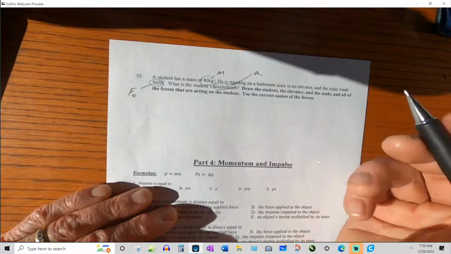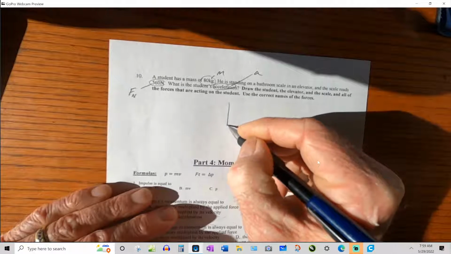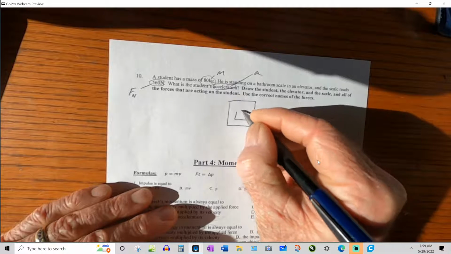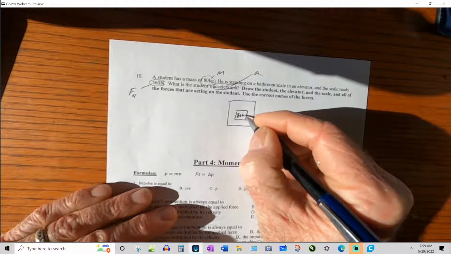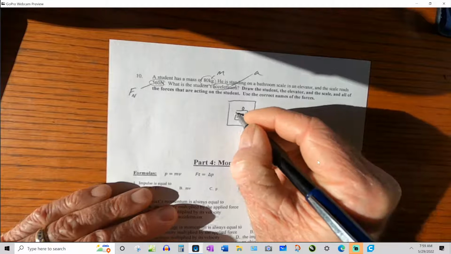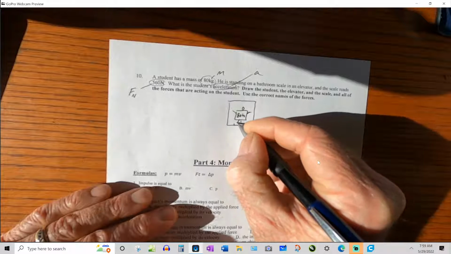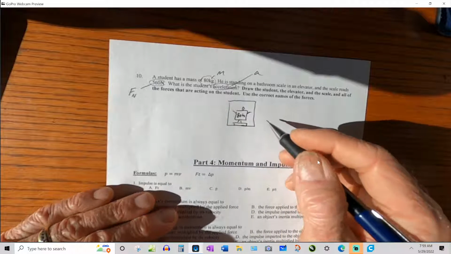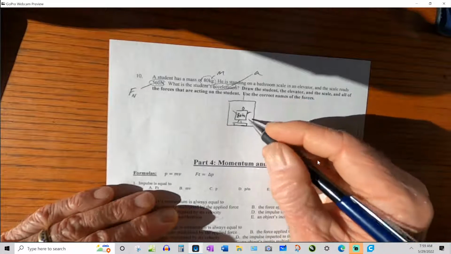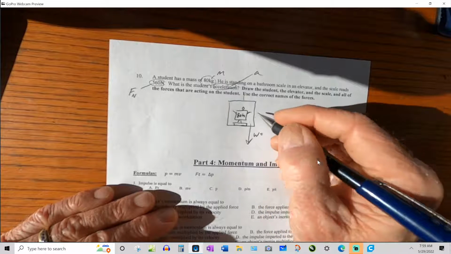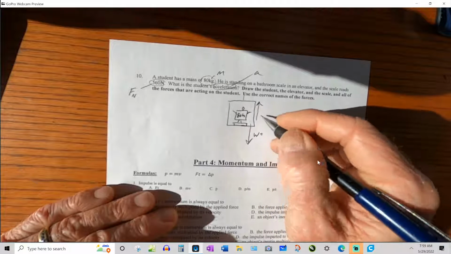So draw everything, show all the forces. Here we go. I'm going to draw this student looking square, 80 kilograms. Tiny little head, standing on the scale. There. So the forces here are the weight of the student and the normal force of the scale.